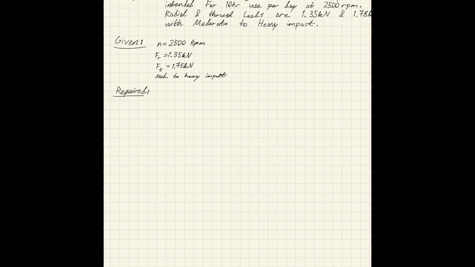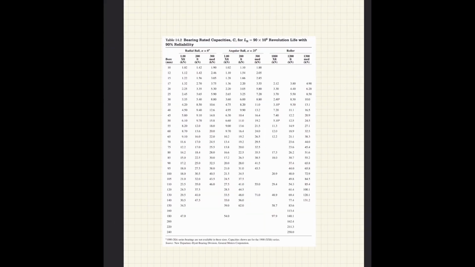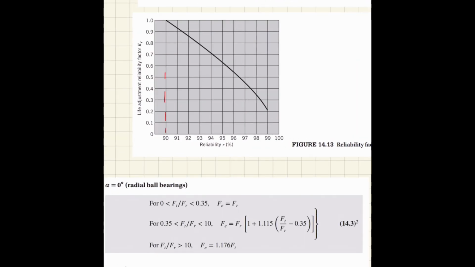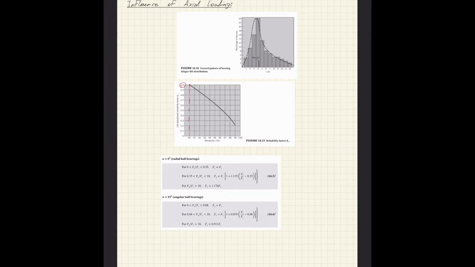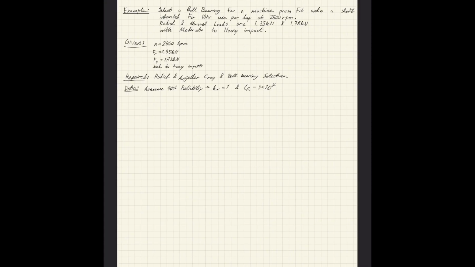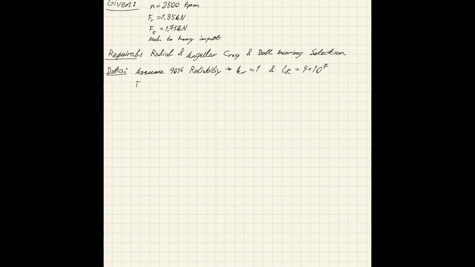So what is our required? Our required is the radial and angular C required, and ball bearing selection, or which ball bearings we should use or are able to use. So some data that we have. Let's assume 90% reliability, as that is industry standard, and therefore we have a KR of 1 and an LR of 9 times 10 to the 7. Here, if you remember, 90% reliability gives us a KR of 1. And then some other data here.